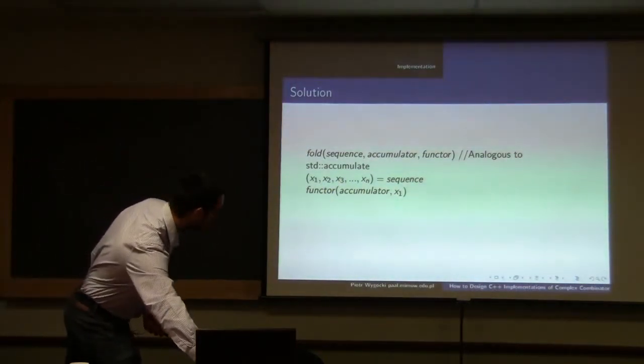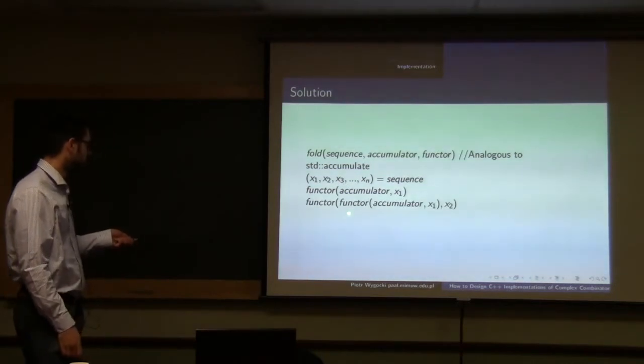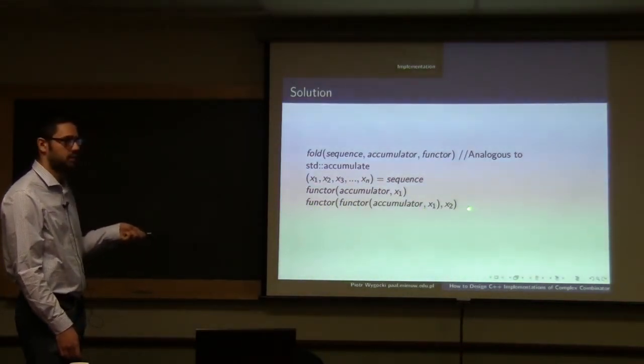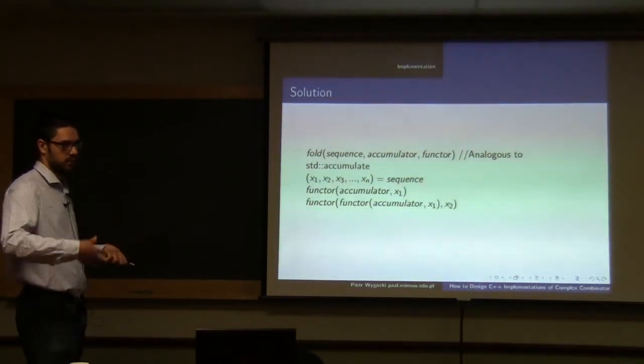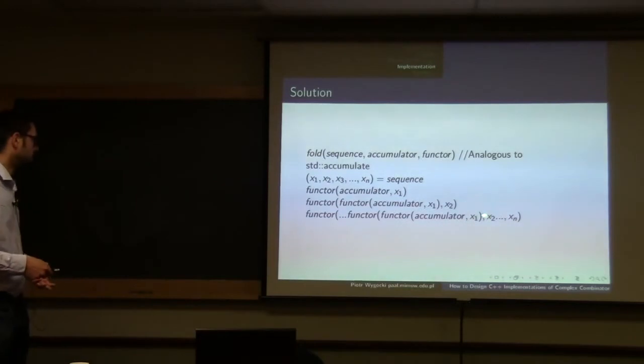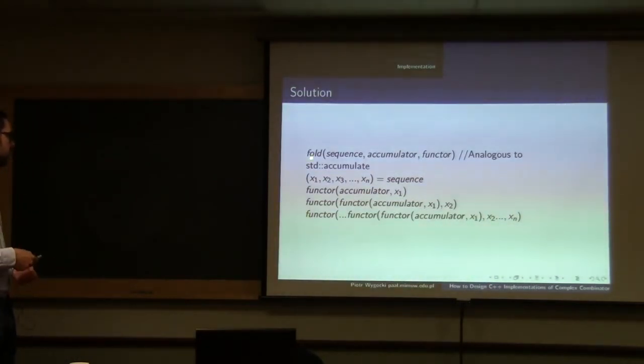And we use this new accumulator and run our functor with this new accumulator and the second element of the sequence, and we just iterate this. And the last accumulator is the result of our fold.